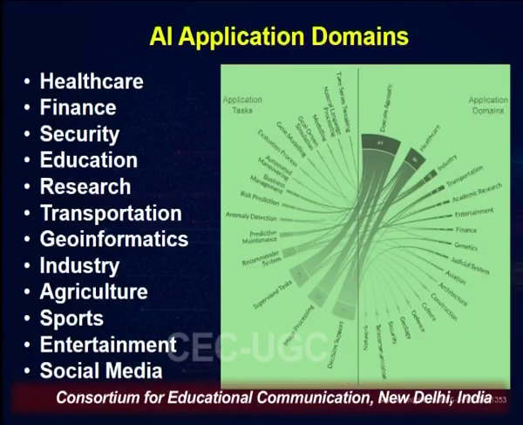Now let's understand what the different AI application domains are. As we all know, AI is available to several domains, be it healthcare, finance, security, education, research, and whatnot.